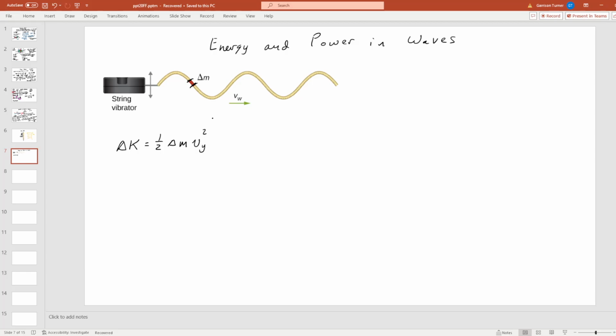Remember, this particular piece of mass is only going to be oscillating up and down. So the velocity of the wave is not necessarily the same as Vy. So that's one thing to note.